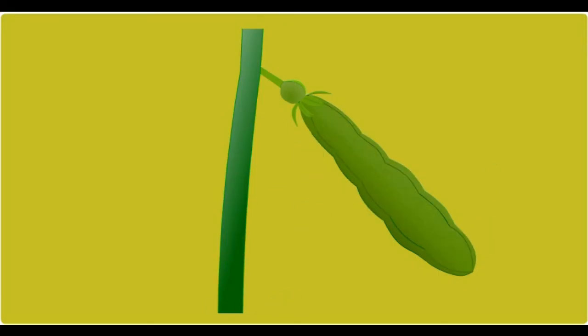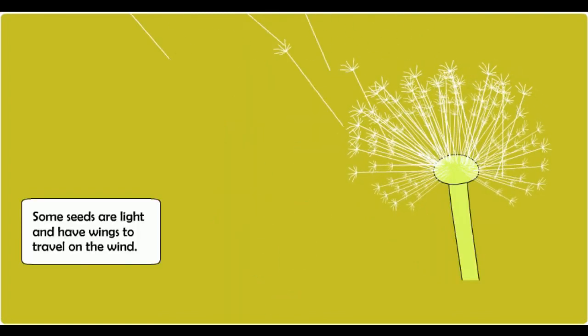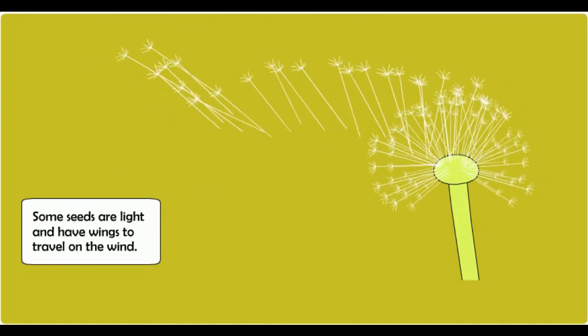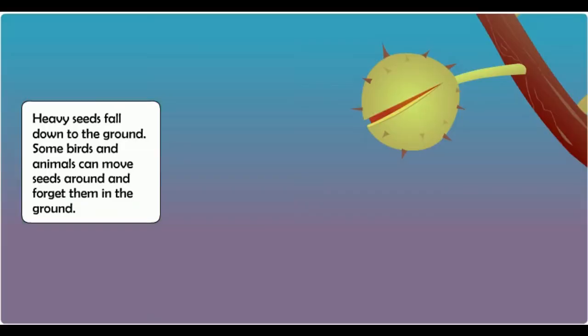Dispersal of seeds and fruits. Dispersal of seeds means to scatter seeds over a wide area. For seeds to grow, they need to travel to new places in the ground. Here are some ways that they travel. 1. Some fruits explode and send their seeds flying into the air. 2. Some seeds are light and have wings to travel on the wind. 3. Heavy seeds fall down to the ground.